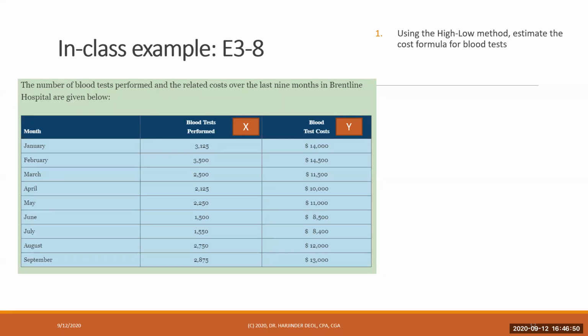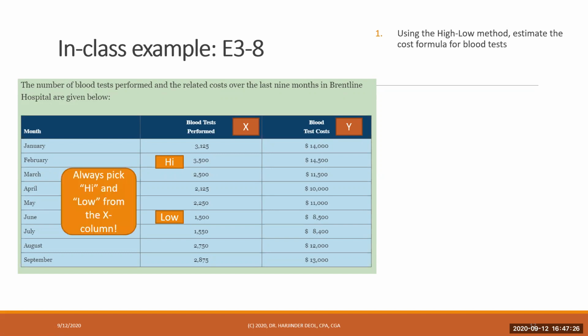Now what we're supposed to do if you are using the high-low method is identify from the X column a high point and a low point. If you notice, and it shouldn't take more than a cursory glance, the maximum number of blood tests were performed in the month of February, and the least number of blood tests were done in the month of June. So February represents the high month, and June represents the low month.